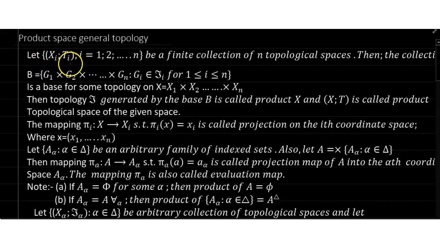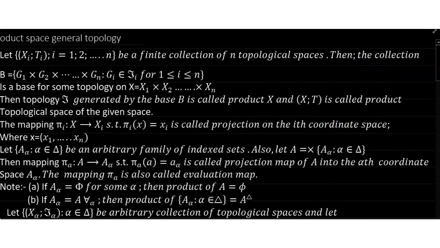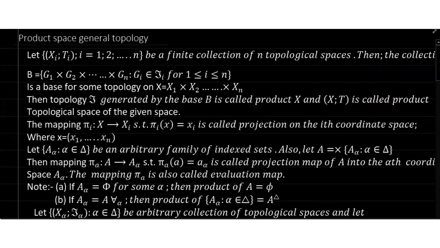Let (Xi, Ti), i = 1, 2, ..., n, be a finite collection of topological spaces. Then the collection B = G1 × G2 × ... × Gn, such that Gi belongs to Ti for 1 ≤ i ≤ n, is a base for some topology on X = X1 × X2 × ... × Xn.